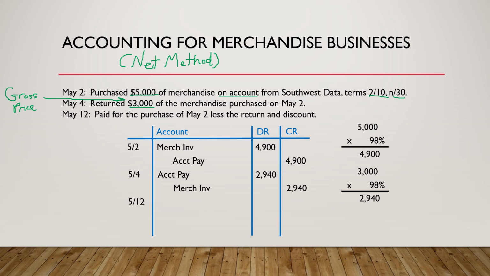May 12th, paid for the purchase of May 2nd, less the return and discount. To pay off an amount owed, debit accounts payable and credit cash. But we need to determine the balance of that payable. Use a T account to calculate that amount.